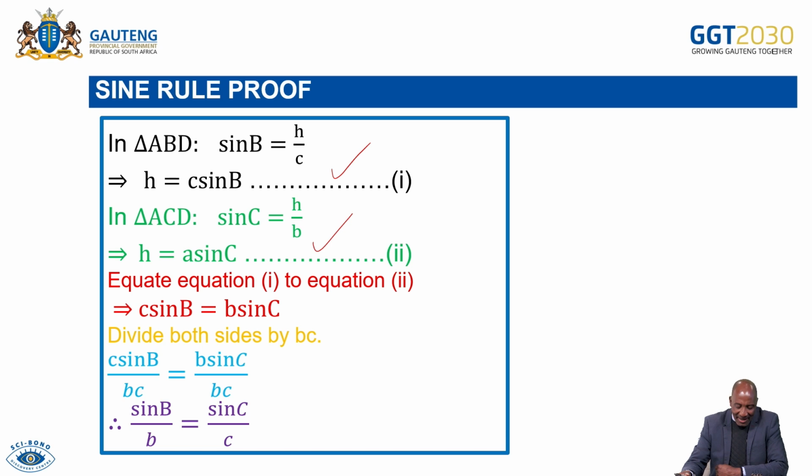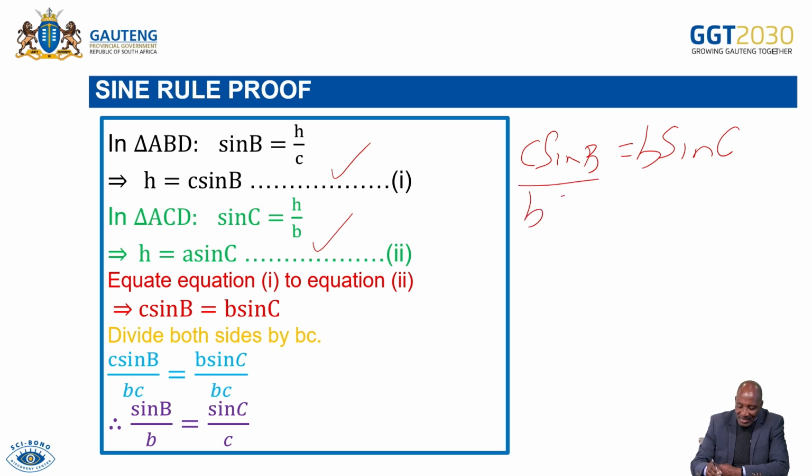Then from there, we are going to divide both sides by the product of B and C. There is a reason why we are dividing both sides by the product of B and C. In short, what we are saying here is that we now have our C sine B is equal to B sine C. If I find the product of B and C, it is going to be BC, I will divide both sides by BC.